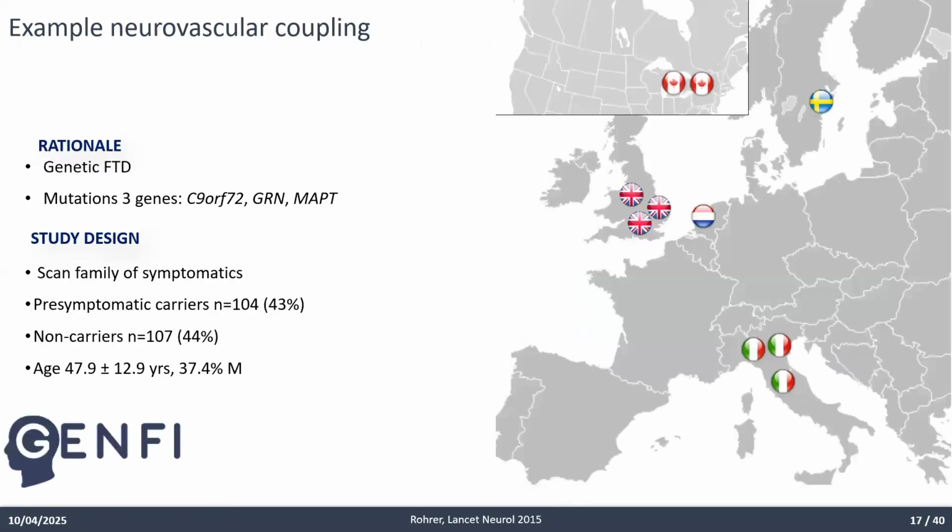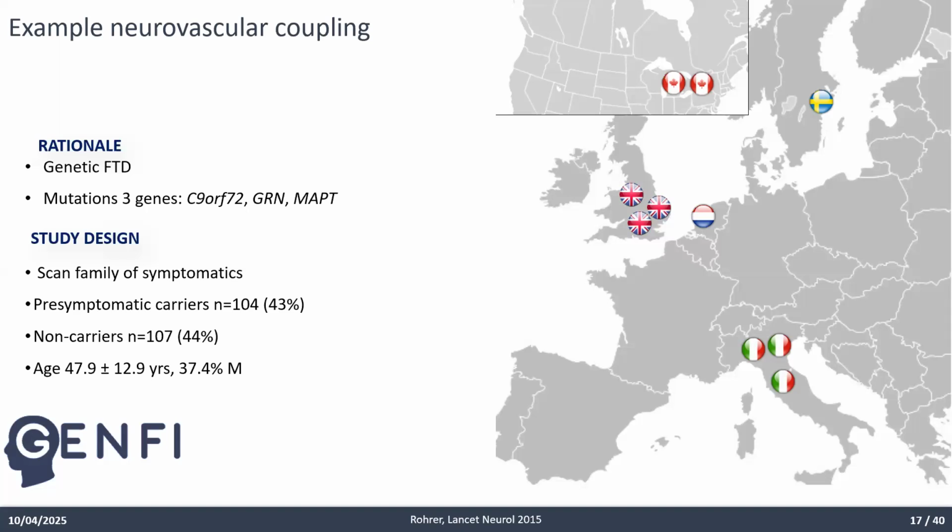This is an example of a group study. This is an international group with patients with a genetic mutation that will predispose them to get FTD, frontotemporal dementia. For all the symptomatic patients, they asked their siblings and family members to also come.